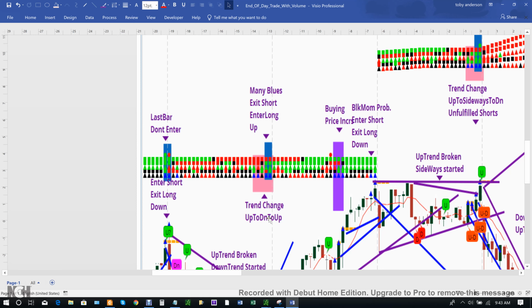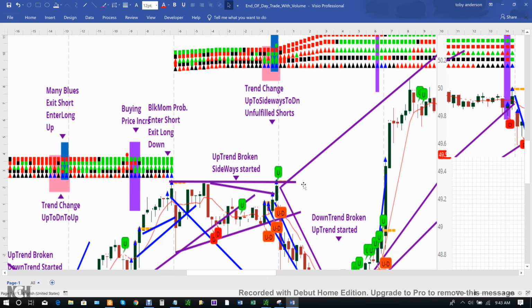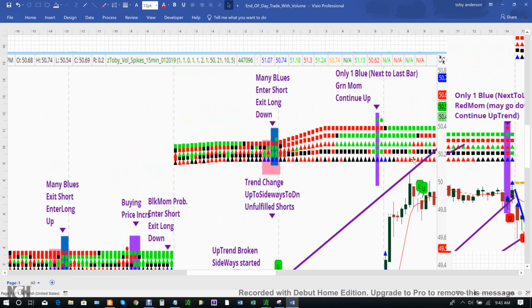However, you might have a third situation where at the end of the day, the next to last bar is a blue candle, so you don't have a whole bunch of blue triangles before it, and you may or may not have a blue triangle after it.